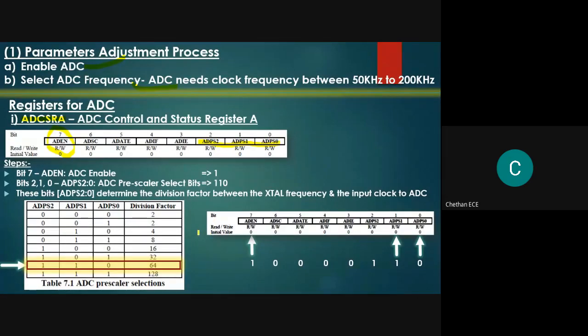Tell me what is the hexadecimal equivalent to configure those particular pins in this register. Ping in the chat box. I have to push logic 1 to enable, and logic 110 to bit numbers 2, 1 and 0. Tell me the hexadecimal equivalent for this particular register.